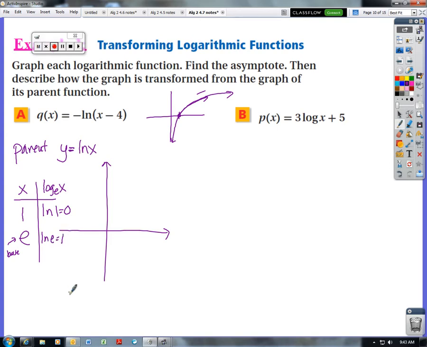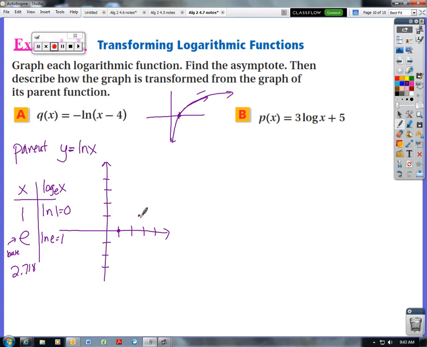So I can plot these 2 points. You do have to know what e is. It's 2.71828, granted. So the point (1, 0) is on my graph, and the point (2.71, 1). So I'm going to go over 2.7 and up 1.